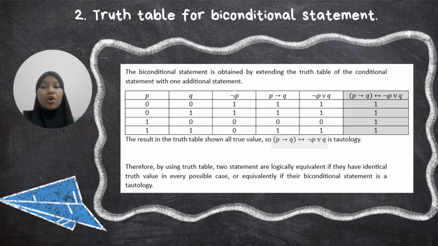After filling in all possible truth values for P and Q, we observe that the final column contains only true values. This shows that the biconditional statement is a tautology, meaning it is always true in every case. Therefore, we can conclude that the two statements are logically equivalent because their biconditional statement is always true.